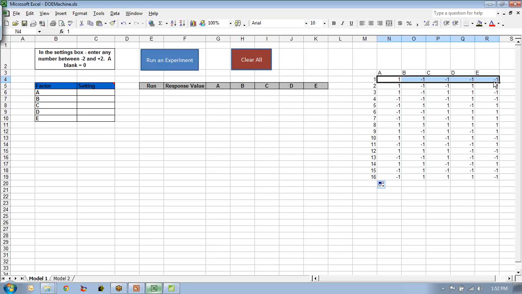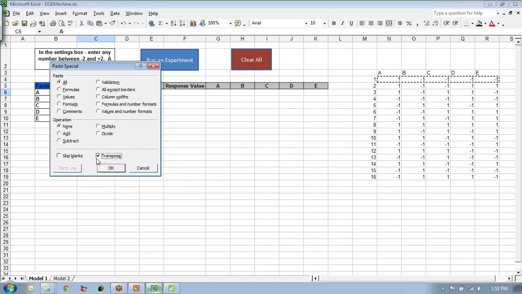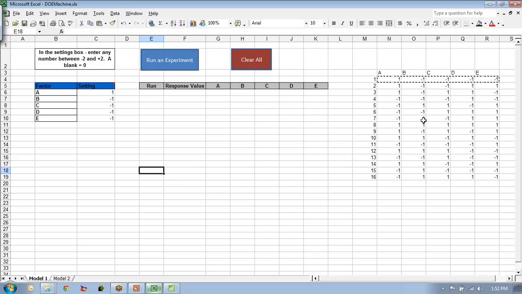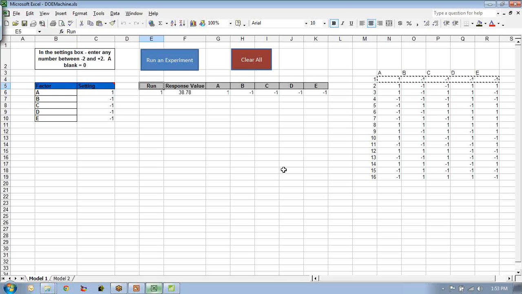So the first one would be this. And I'm going to paste this as a transpose. There it is. So it should be 1, minus 1, minus 1, minus 1, minus 1. There it is. Now I hit run the experiment. Watch what happens. Bam. This will be experiment number 1. Okay. So with those factor combinations, it gave me that response.